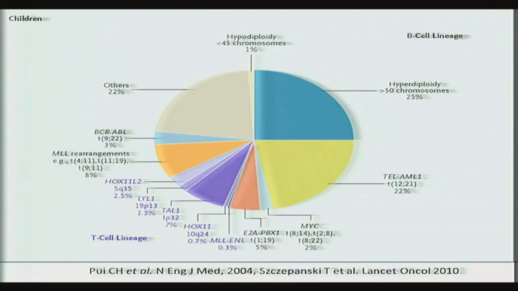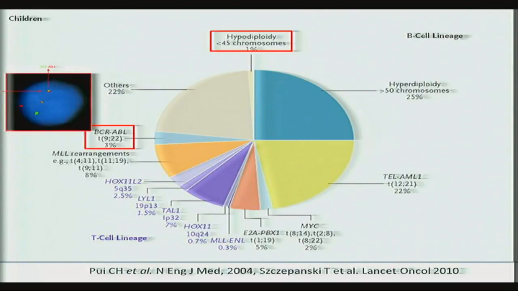Based on this, we can consider just hypodiploidy, too small a number of chromosomes, less than 42, which is a very unfavorable prognostic marker.